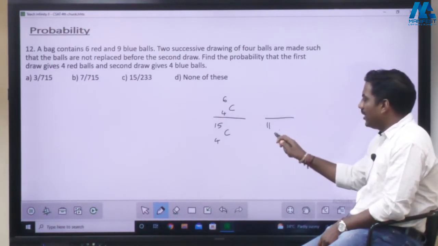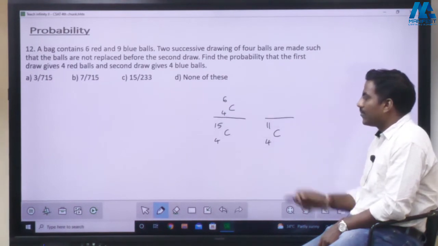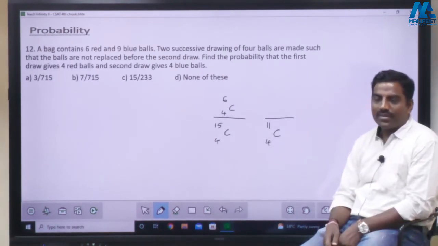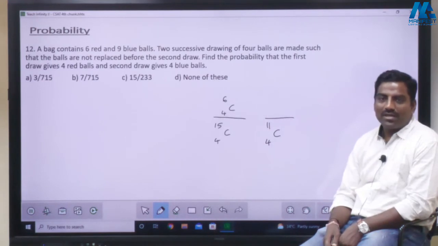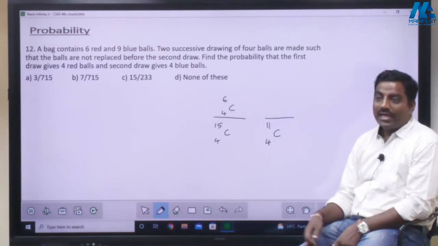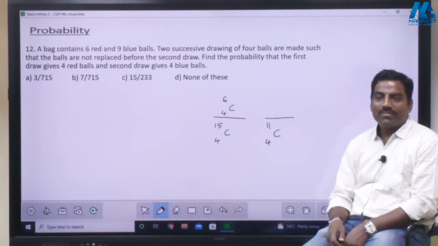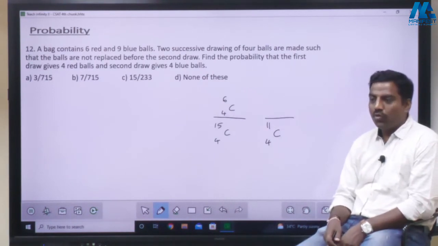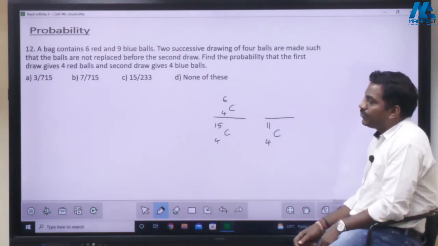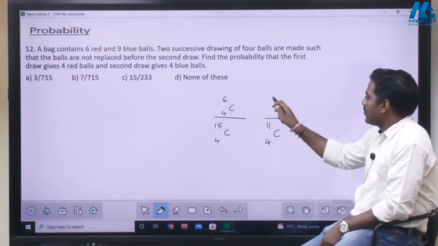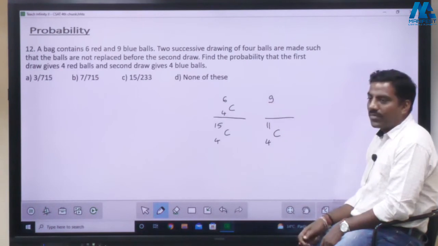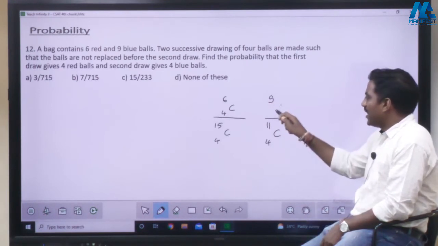Out of those you are drawing? In that event, what do you have to draw? Blue. How many blue balls are there? Out of that?